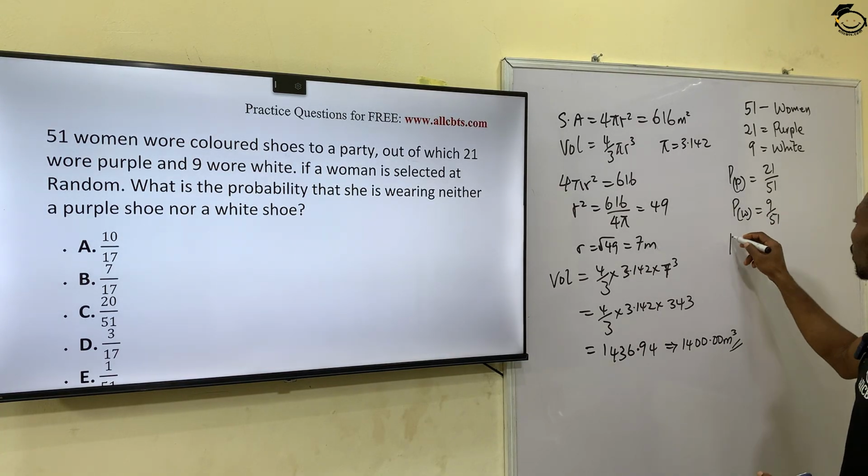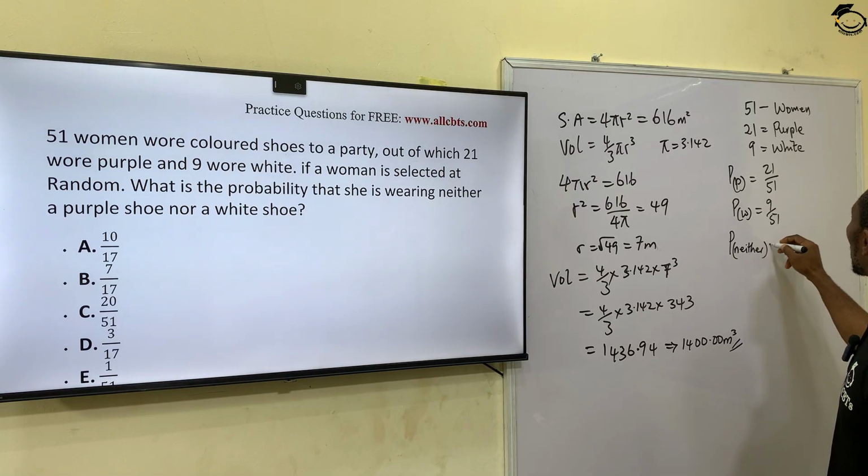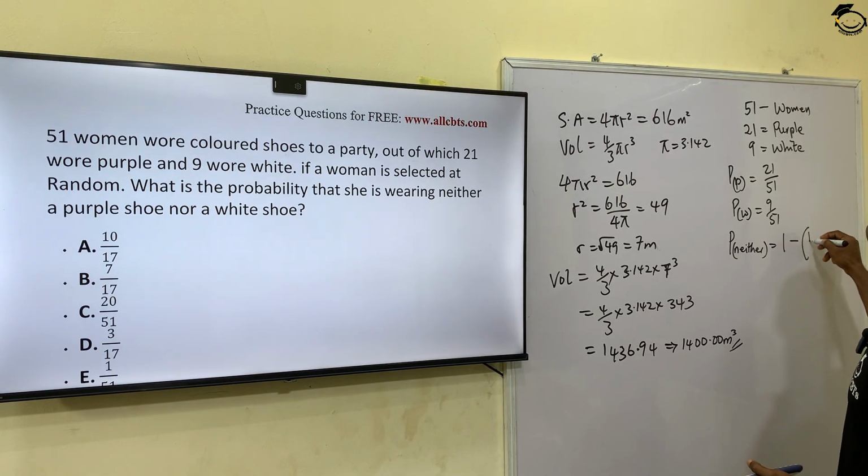So probability of neither would be 1 minus probability of purple plus probability of white.